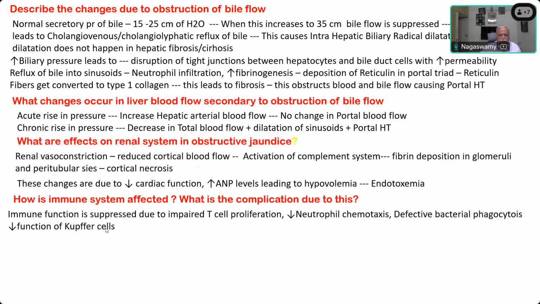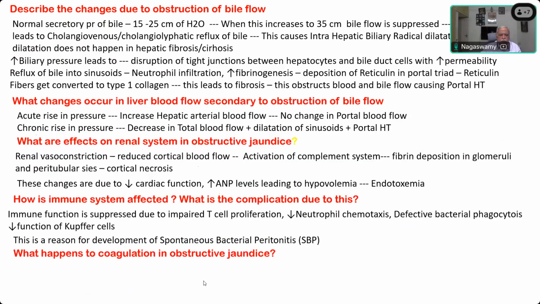Okay, all these things lead to reduced immune function. So, what is the complication that can happen because of the reduced immunity? Sepsis, sir. Spontaneous bacterial peritonitis. Yes, very good. The reason for the development of spontaneous bacterial peritonitis is the decreased immune response.